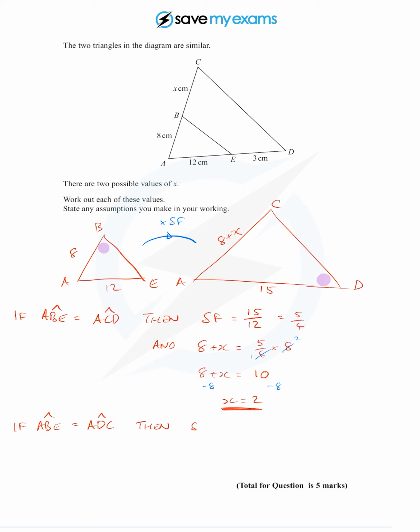So then the scale factor is, well, as I say, the equivalent sides now would be the 8 and the 15. And so the scale factor would be not 15 over 12, but 15 over 8, which actually I can't simplify. And that would mean that the equivalent side to the x plus 8 is the 12.